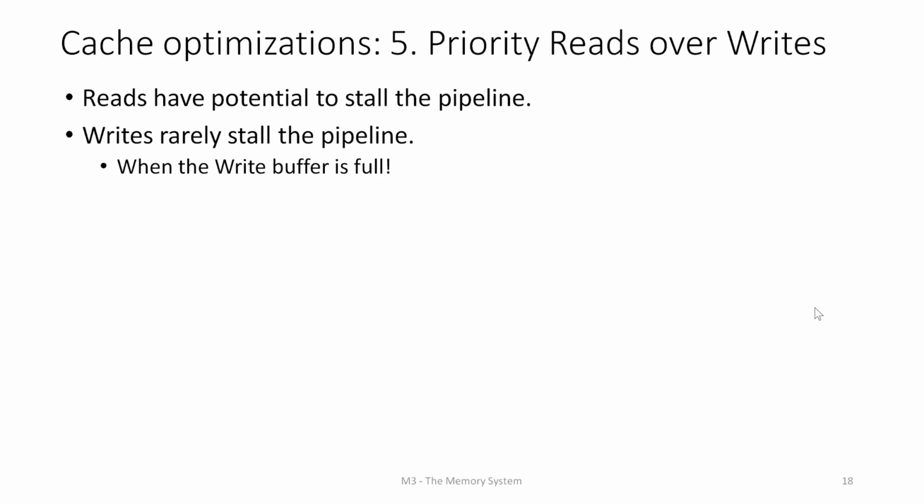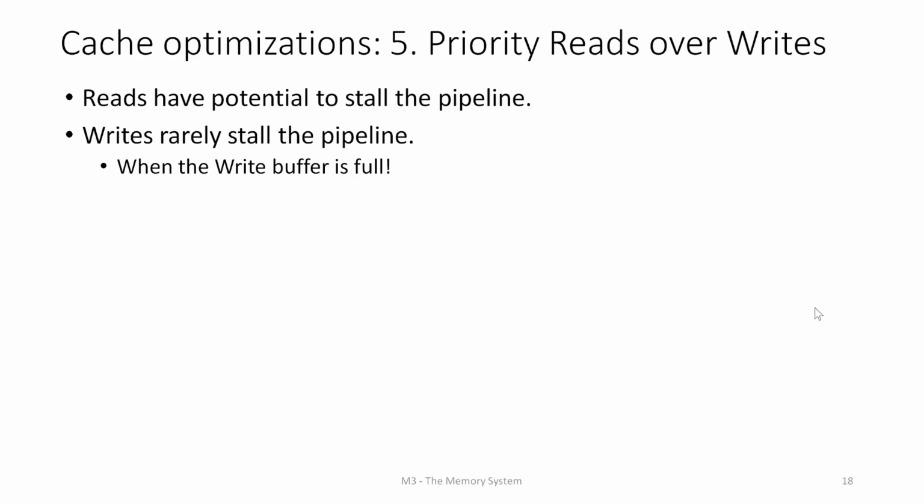Second, we also employ a write buffer. But when a write buffer is full, then the store instruction would need to wait till an entry in the write buffer gets freed. So that can create a stall in the pipeline. But the probability of writes causing the pipeline stall is much less than the reads.